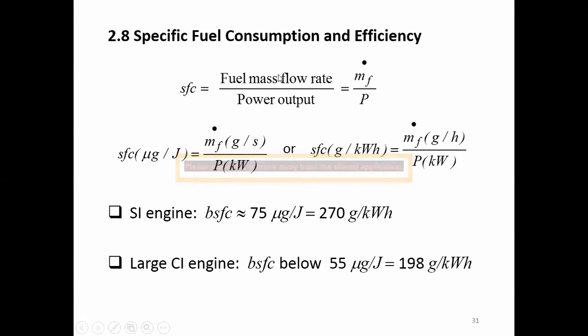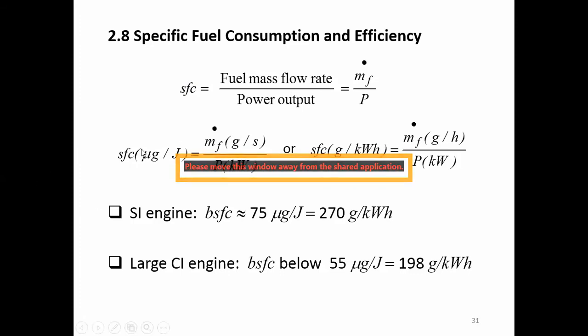And based on how much fuel I have to use, it also refers to how much money I have to pay, because you have to buy the fuel. So SFC is one parameter that we can use to compare the performance of engines.